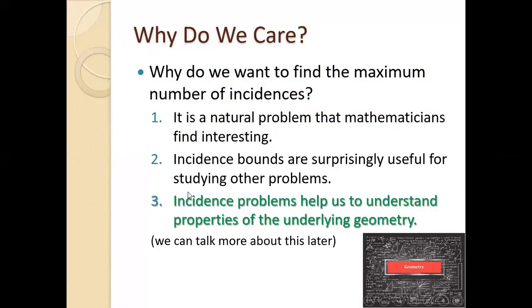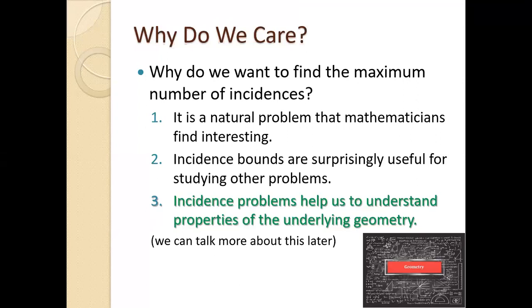And I wanted to add a third one, which might seem a bit confusing. Incidence problems help us understand properties of the underlying geometry. What does this sentence say? When you study incidences, we start by just wanting to count something. It's what we call a combinatorial problem.